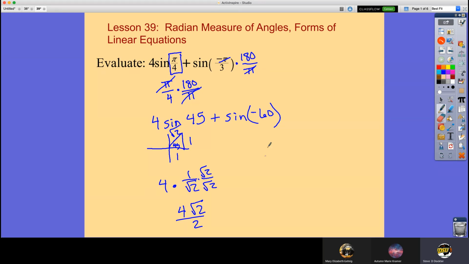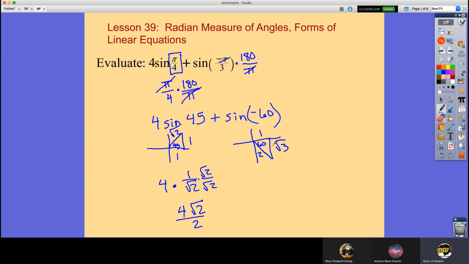All right, sine of negative 60. Negative 60 degrees is going to be in what quadrant? 4. We're going to go down 60 degrees here. So we've got a 30, 60, 90 triangle. 1, square root of 3, and 2. Are those right?